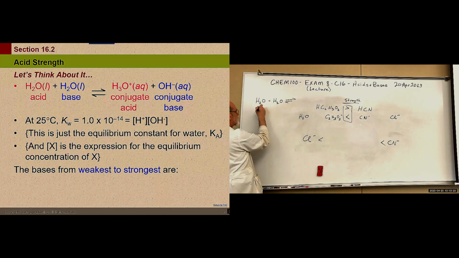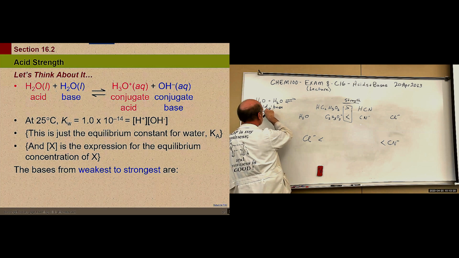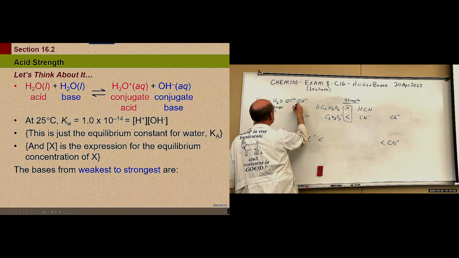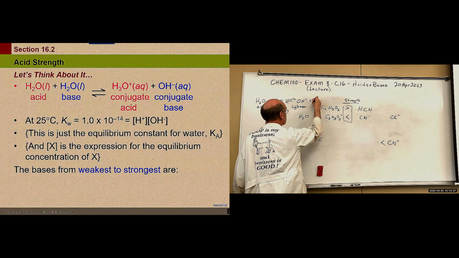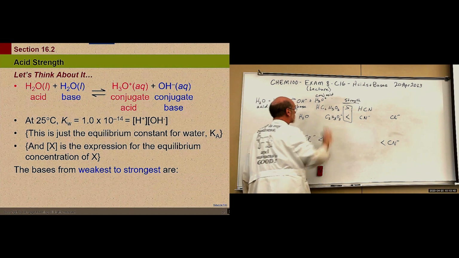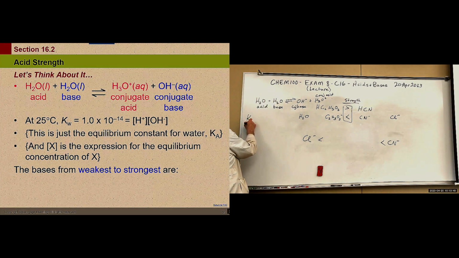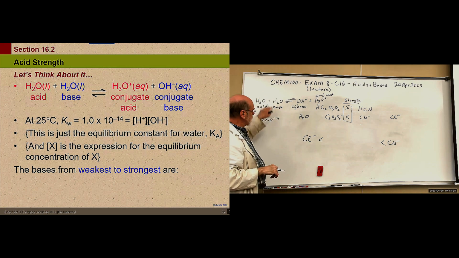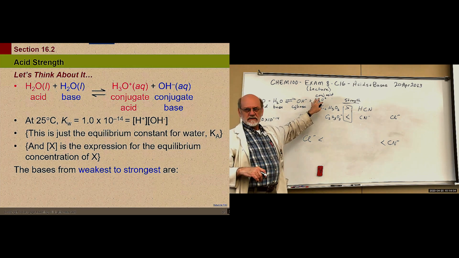So if we consider this one as the donor and this one as the acceptor of the proton, then this acid donor produces that conjugate base and this conjugate acid. Okay. It just so happens that the K value for this reaction, we give it a KW, is equal to 1 times 10 to the minus 14. So it's very much in this direction, only produces a slight amount of these two conjugates.